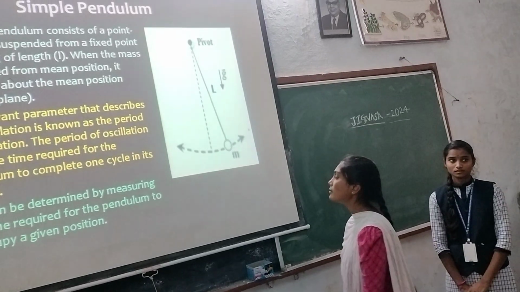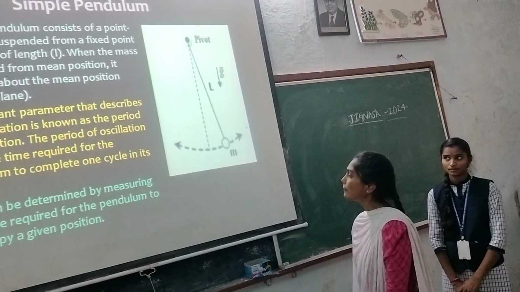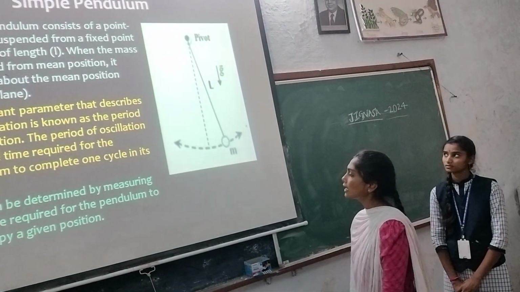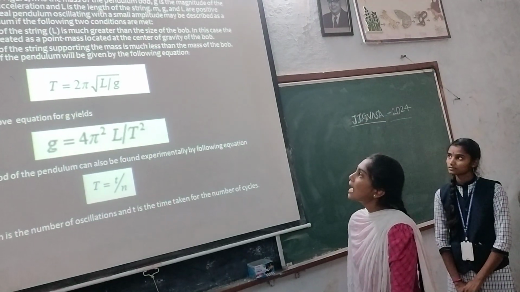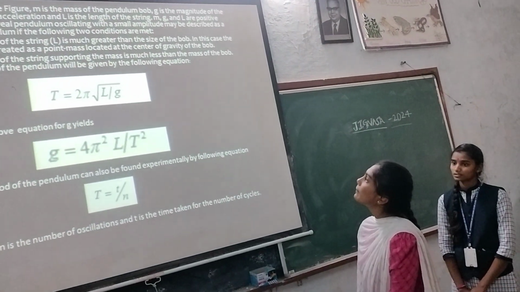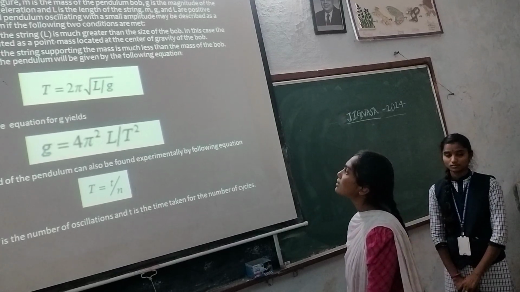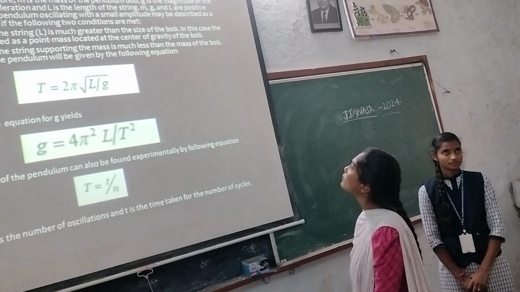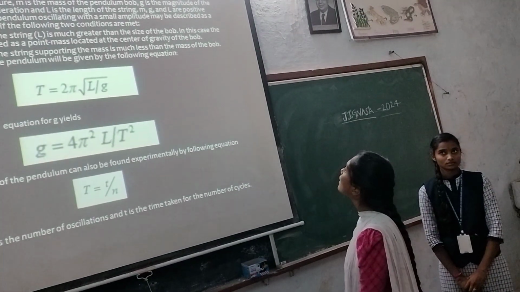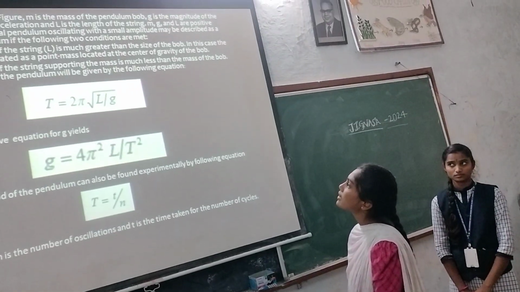This can be determined by measuring the time required for the pendulum to reoccupy a given position. As shown in figure, m is the mass of the pendulum bob, g is the magnitude of the gravitational acceleration and L is the length of the string. m, g and L are positive constants.